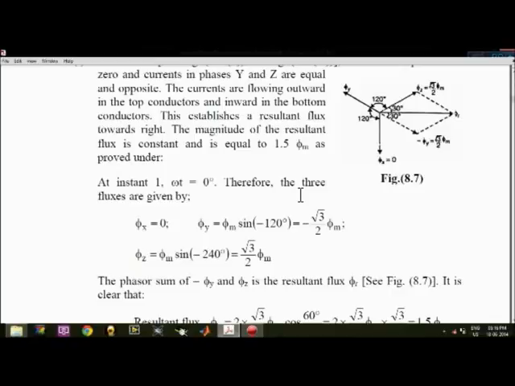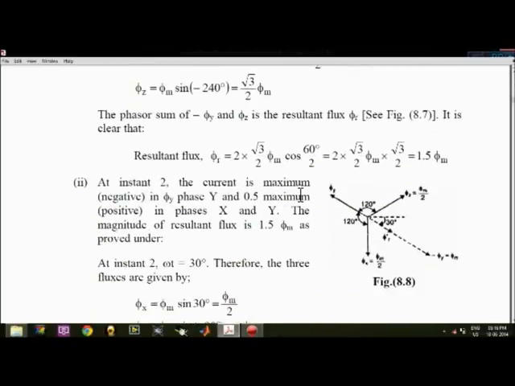So the phasor sum of minus phi y and phi z is a resultant phi r, and the resultant flux is given as phi r equals 2 times root 3 by 2 phi m cos 60 by 2, and hence the resultant flux comes out to be 1.5 phi m, as said before.